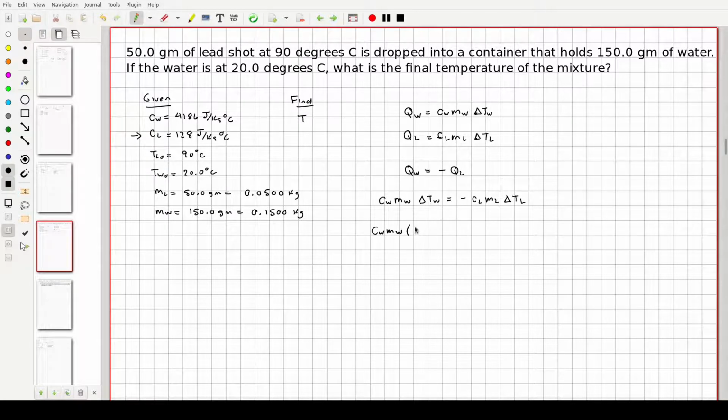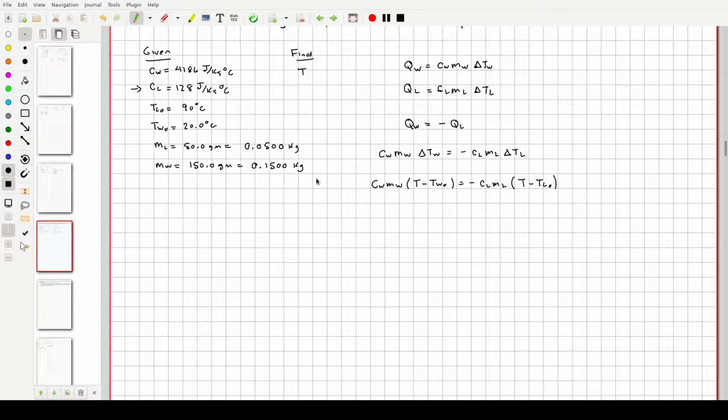Now let me go ahead and plug in the change stuff here. My final temperature is T. My initial temperature is the temperature that the water initially has. On the right hand side, we have this. My final temperature of the lead is T. My initial temperature is the initial temperature of the lead. Now, I'm going to play a little bit of a game or a trick here. This is something that's frequently done to help keep things clean.